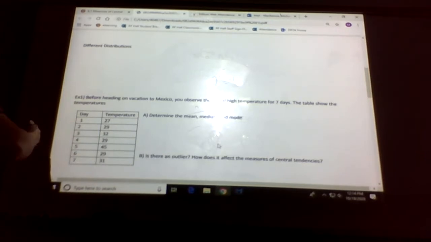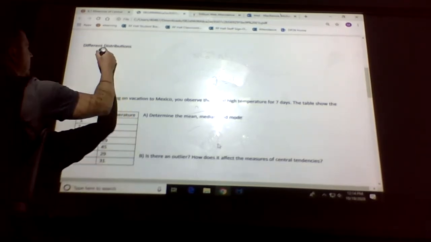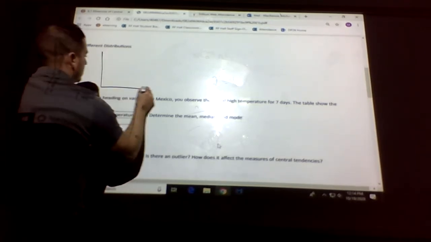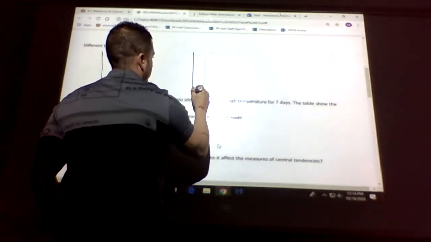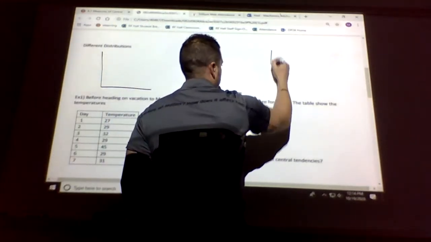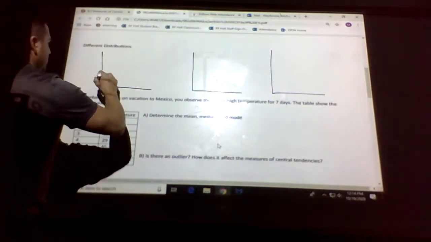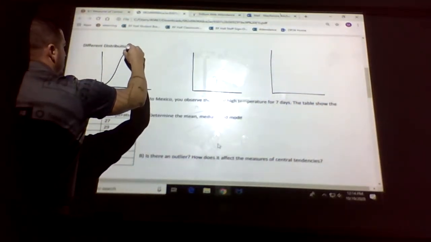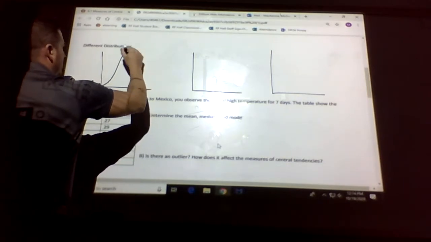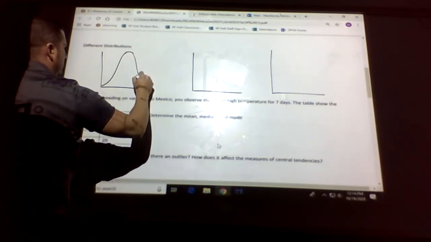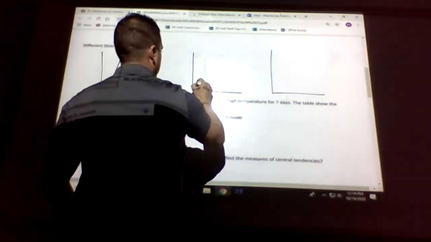Okay, so we have three different types of distributions with regards to the appearance. We have ones like this one.